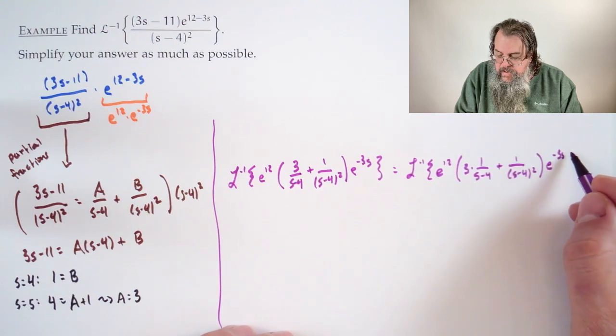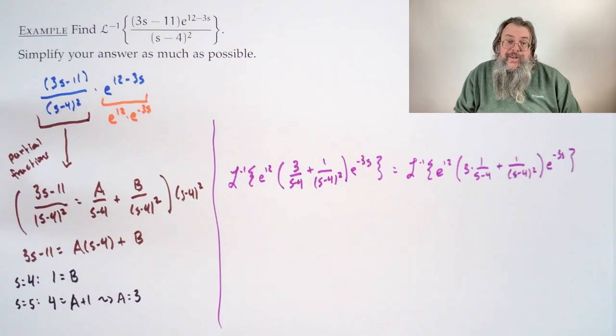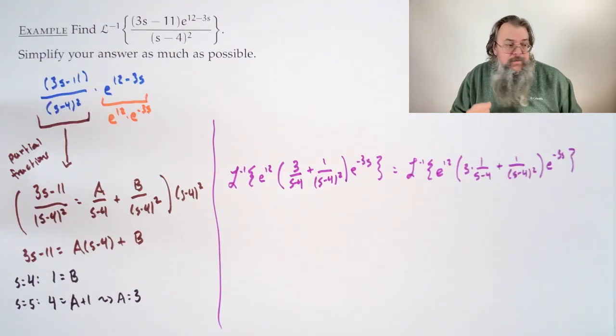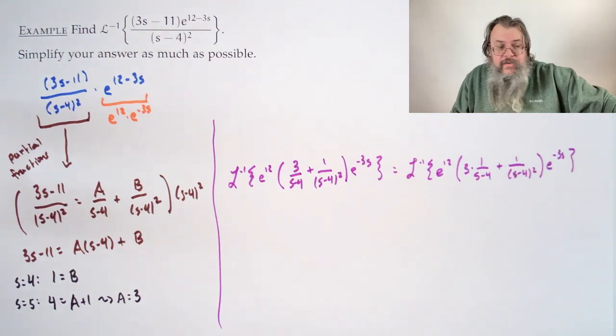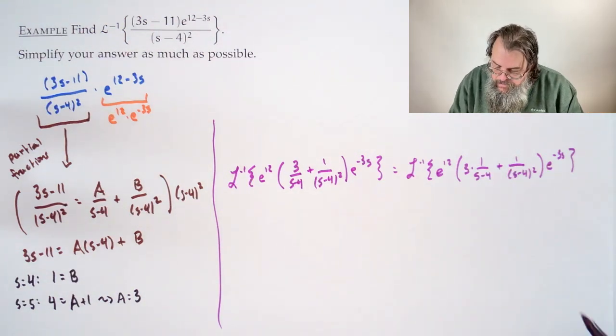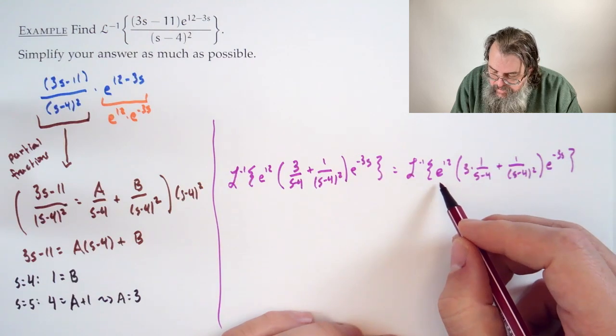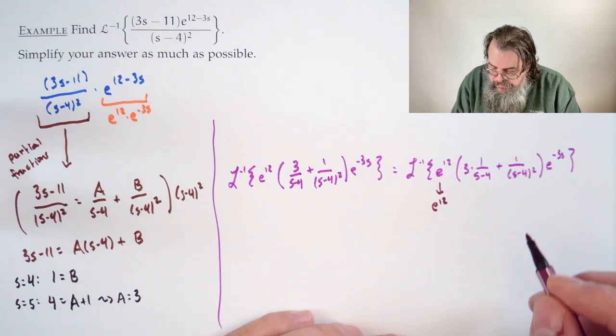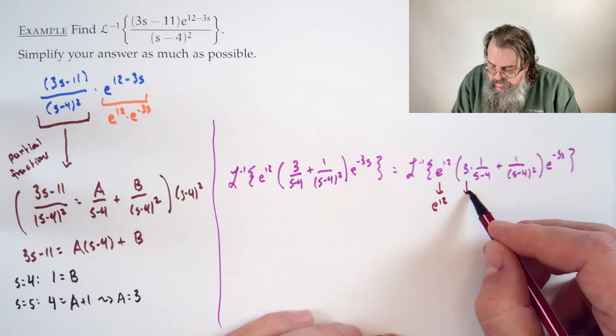All right. Now, when we're preparing to take this inverse Laplace transform here, we say, okay, what are the contributions for the different parts? So we say, okay, this is a constant, so it's just going to be what the constant is, e to the 12. And similarly, the 3 goes to 3.